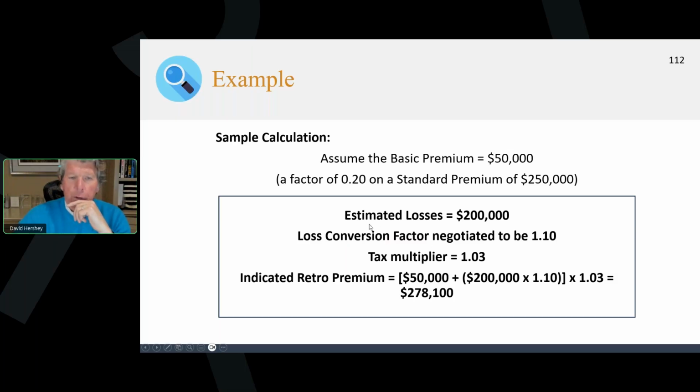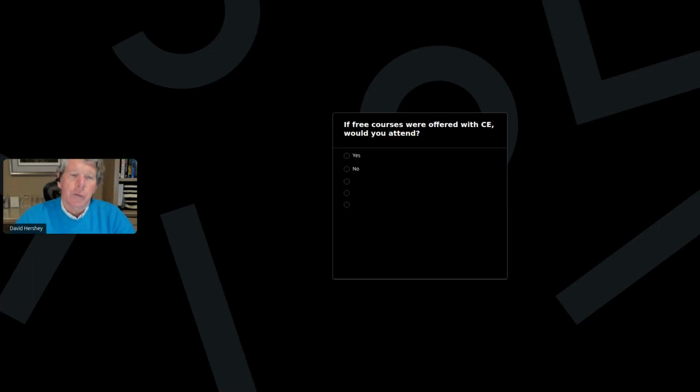Here's our loss pick, which in this case is 200,000. Now, recognize all of this formula builds upon exposures and loss picks. So now, do you understand, and hopefully the answer is yes, why the loss pick is so critical?